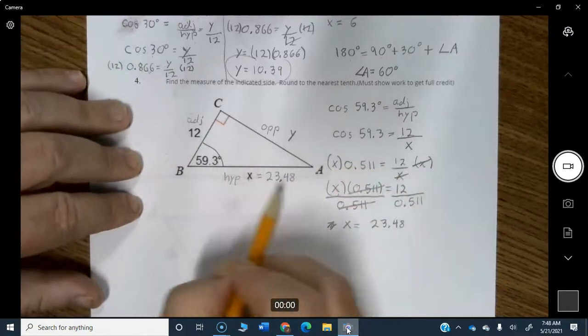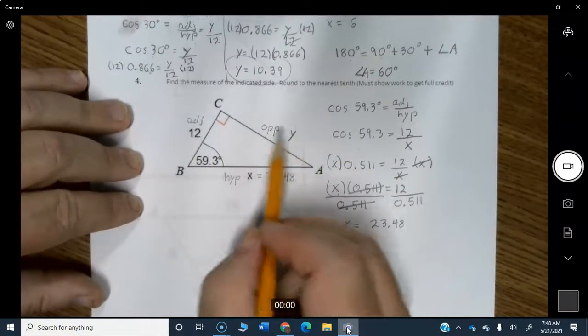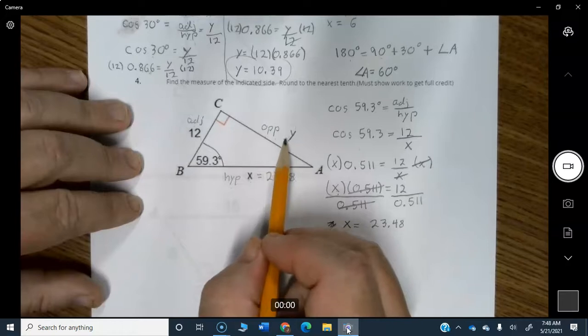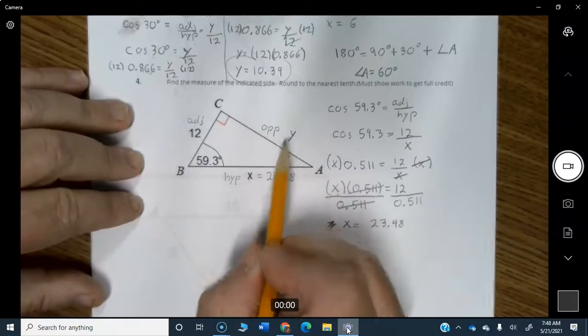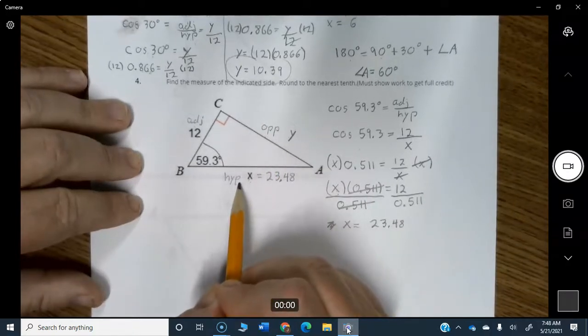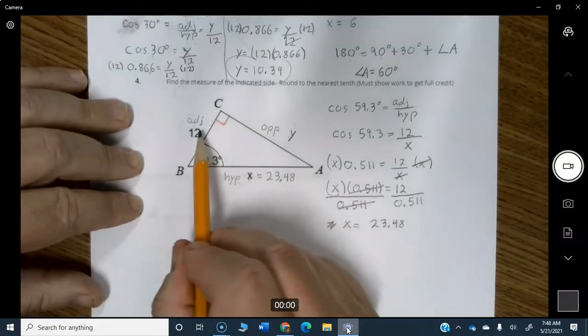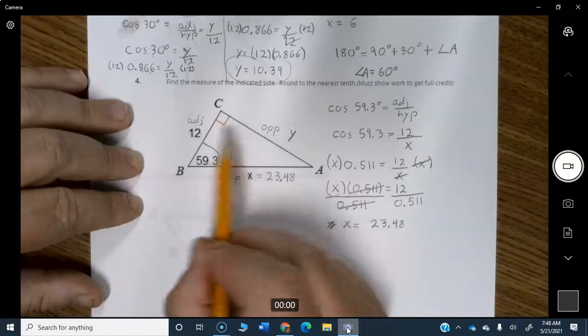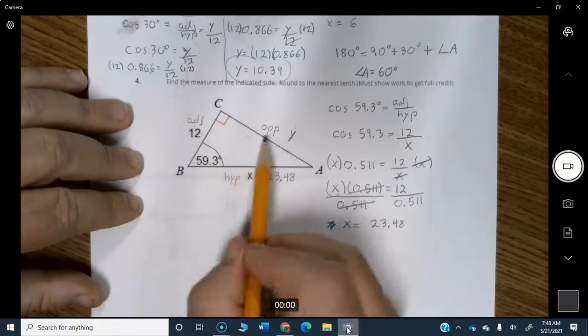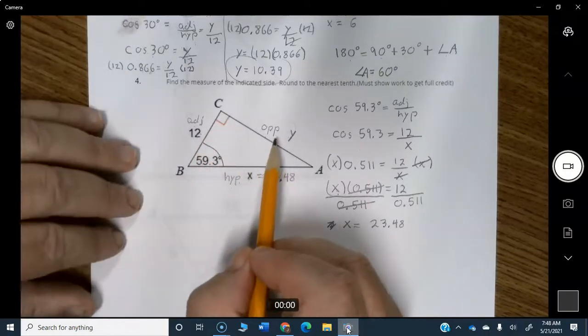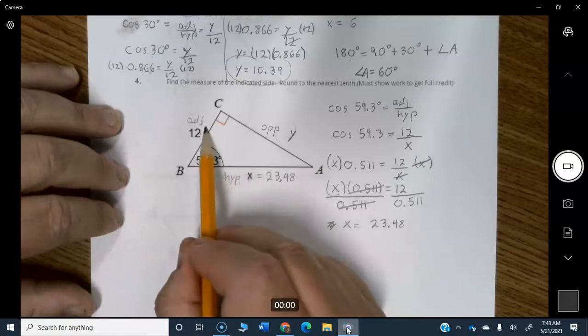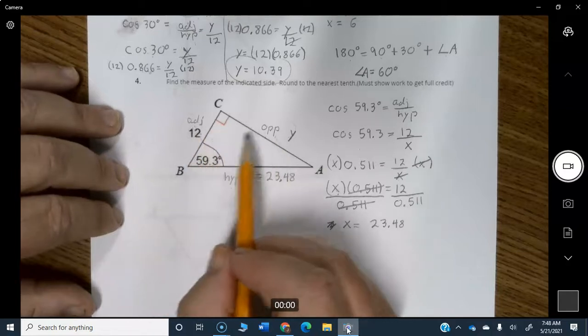Okay, now I know two of the three sides. In finding this side over here, I could either use the relationship between opposite and hypotenuse, that would be sine, or I could use the relationship between opposite and adjacent, that would be tangent. We could use either one and they'll give you the same answer. Since we haven't used the relationship between opposite and adjacent yet, we're going to use that.